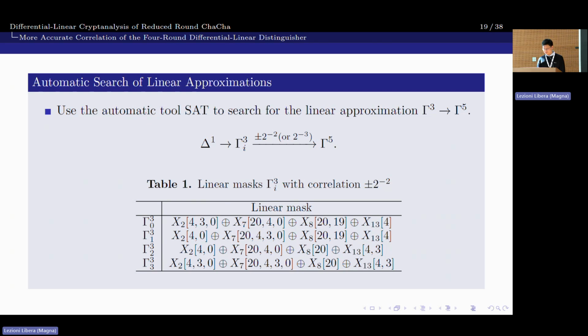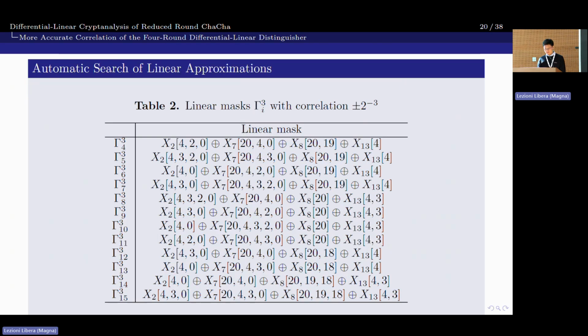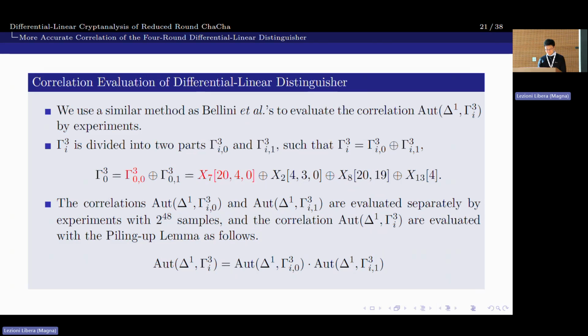We found 16 trails. Of them, there are 4 trails with the correlation about 2^-2, in this table, and another 14 trails with the correlation 2^-3. For the first part, we use a similar method as Beierle to evaluate the correlation by experiments.